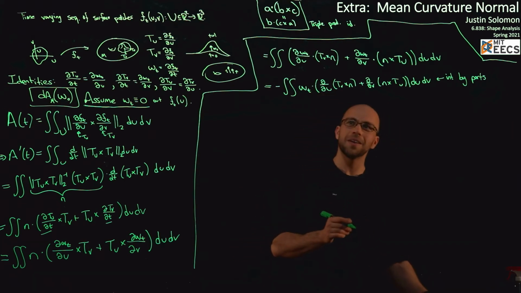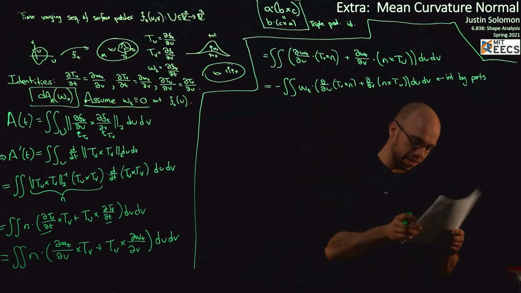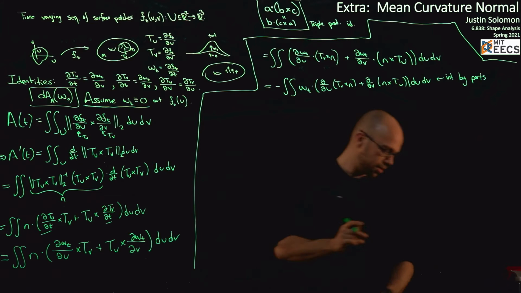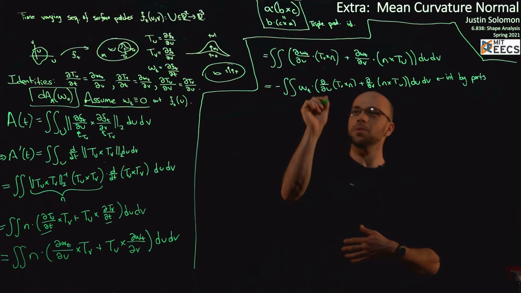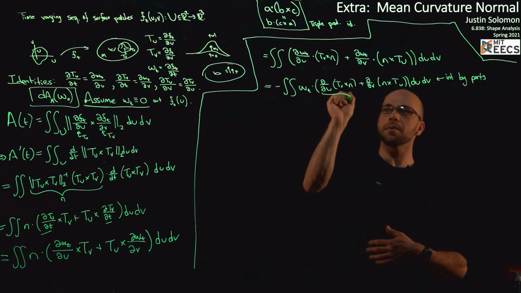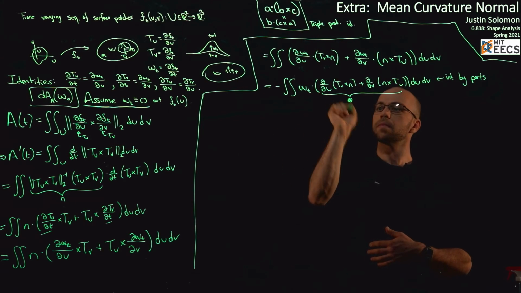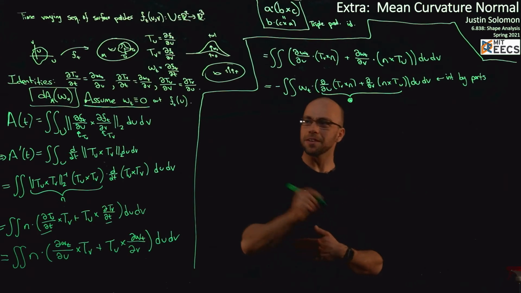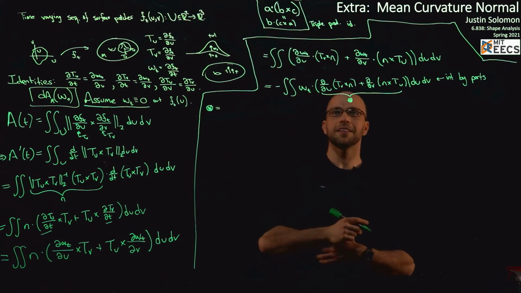Okay, so our next task is to simplify this expression inside of parentheses here. So in order to do that, what we're going to do is apply the product rule to both of these terms. So I'm going to call this thing star. And now we're going to simplify star a little bit. So let's just follow our nose here.